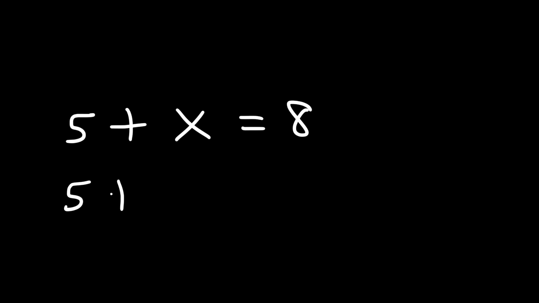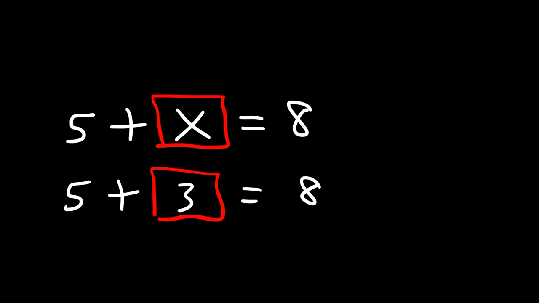Well, we know that 5 plus 3 is 8. So in that particular equation, x is equal to 3. So x is just a variable that can represent any given number. So when you see x, don't let it confuse you. Just think of it as a number that you don't currently know the value of.